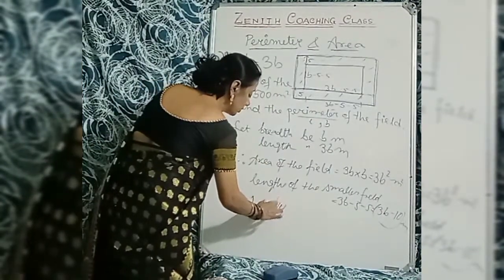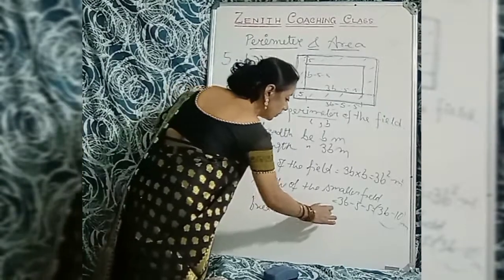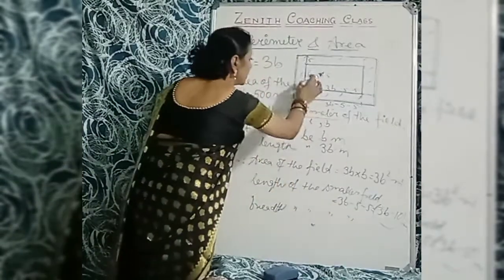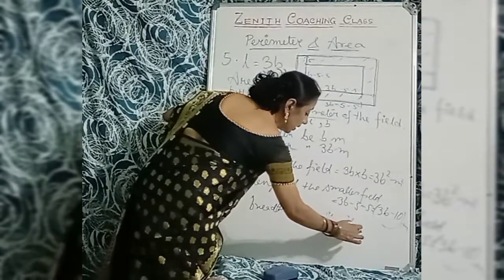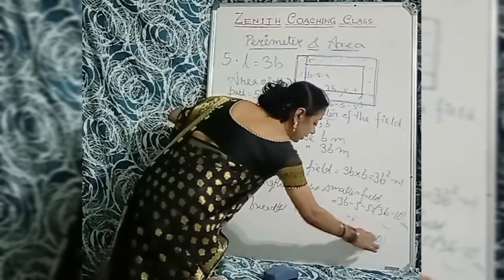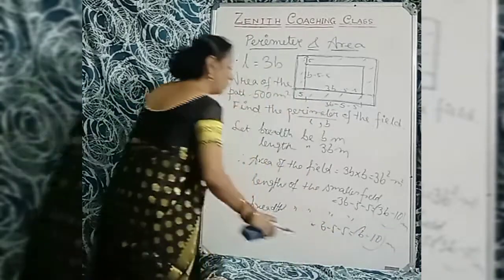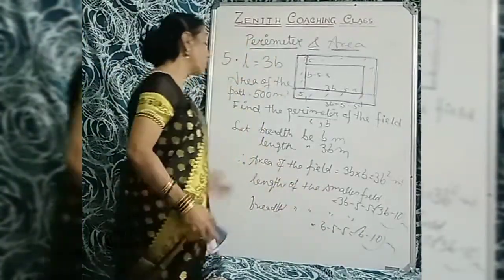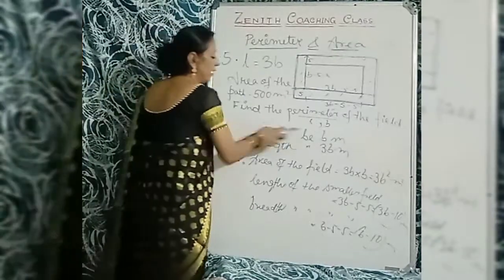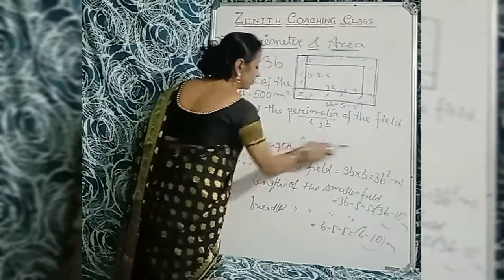Breadth of the smaller field equals to, here it was b, so b minus 5 minus 5 equals to b minus 10 meter. So length is 3b minus 10, breadth is b minus 10. So what is the area? So area equals to length into breadth.